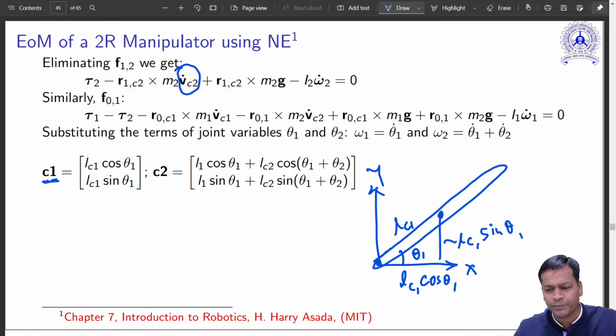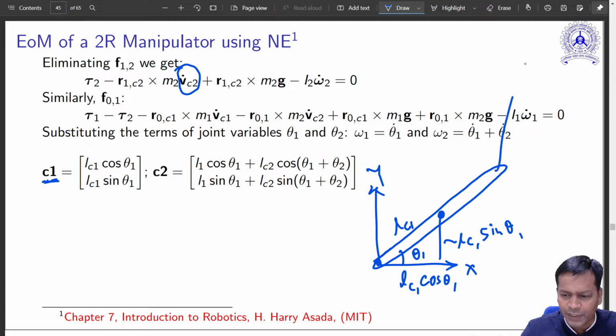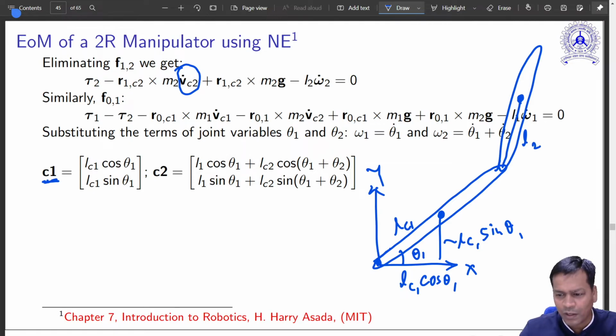Quite trivial. So this is the center of gravity location. Similarly for the next link, this distance is LC2, which is already given, and the whole of this distance is L1, which is already known.